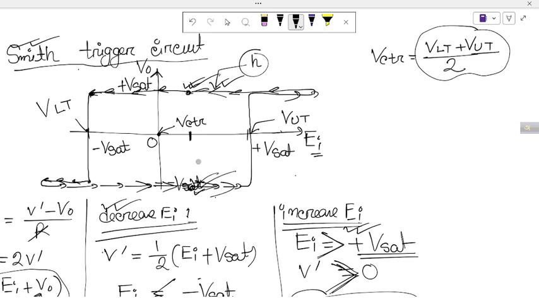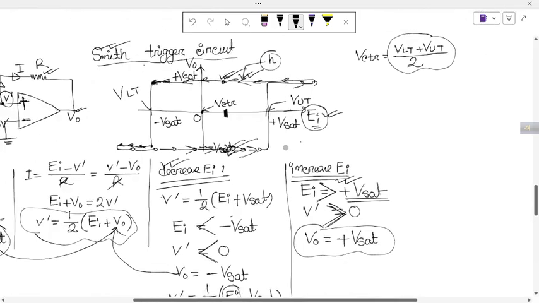So it's a hysteresis curve. It not only depends on the x coordinate, that is, the input voltage, it also depends on how you are changing the input voltage. Are you decreasing EI or increasing EI?